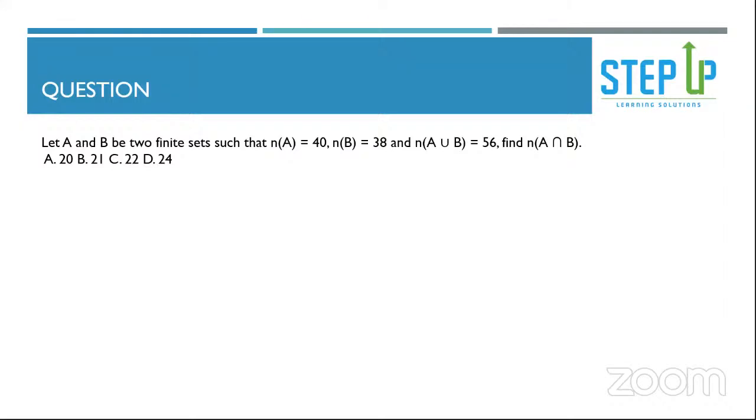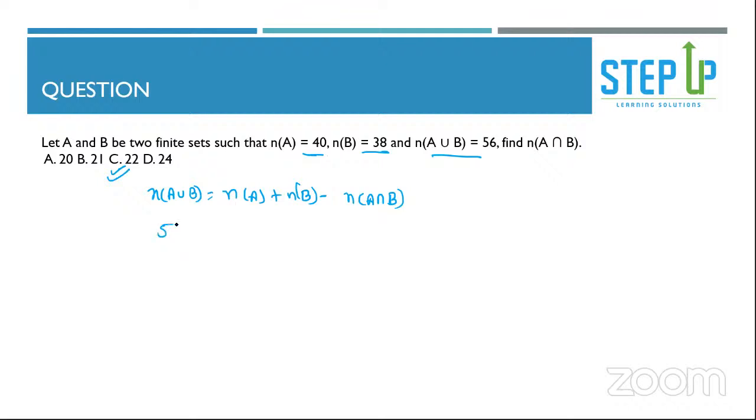22 is the answer. All right. So this will be n of A union B is equal to n of A plus n of B minus n of A intersection B, right? So we know this value, we know this value, we know this value. Hence the answer is 22.